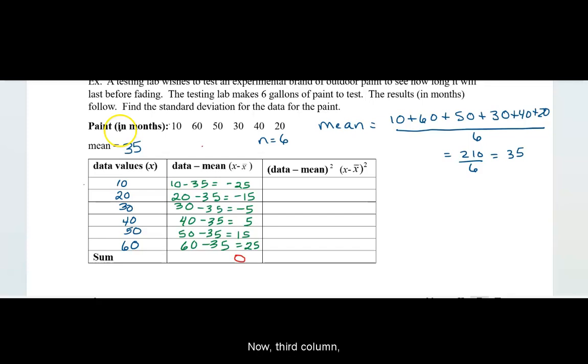Now, third column. We take every single number we found here in the second column and we square it. And remember, when you square any number, whether it's positive or negative, your answer is always going to be positive. Negative 25 squared is 625.